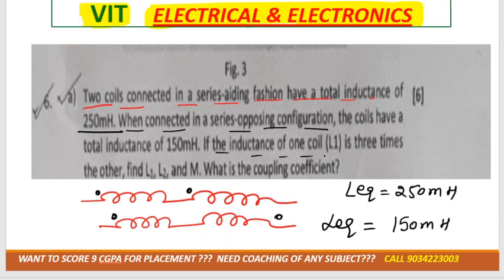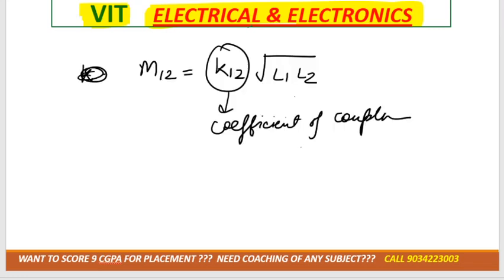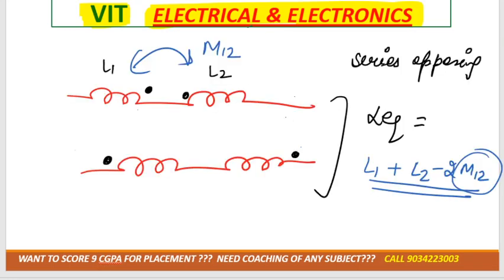So if the inductance of coil L1 is 3 times of L2, this is what they have said. We need to calculate L1, L2 and M. So we have to apply these formulas, this one and this one, right?